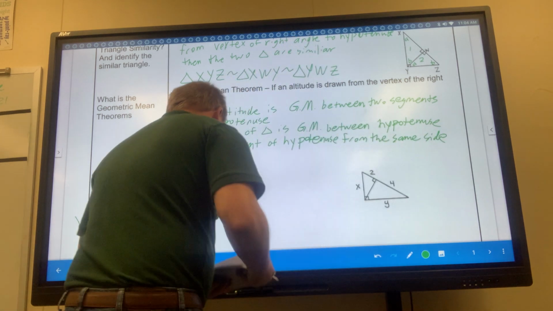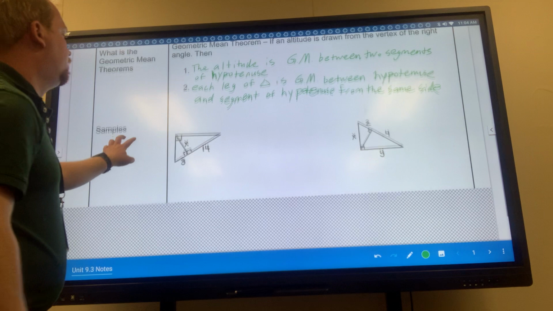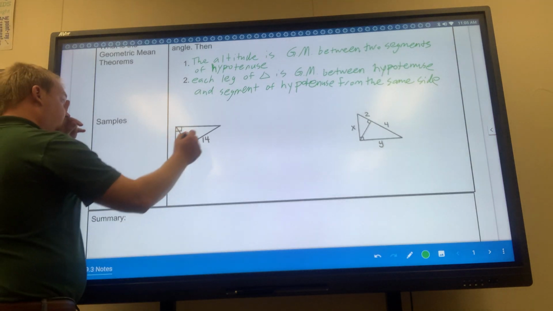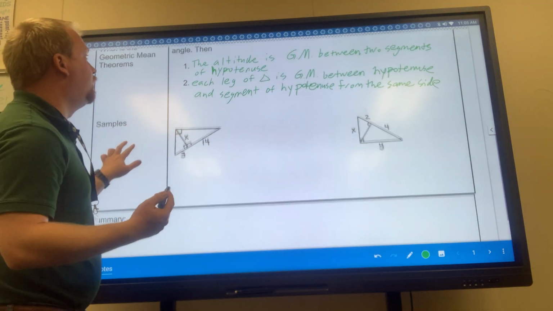First off, this triangle right here is a good example of geometric mean number 1.